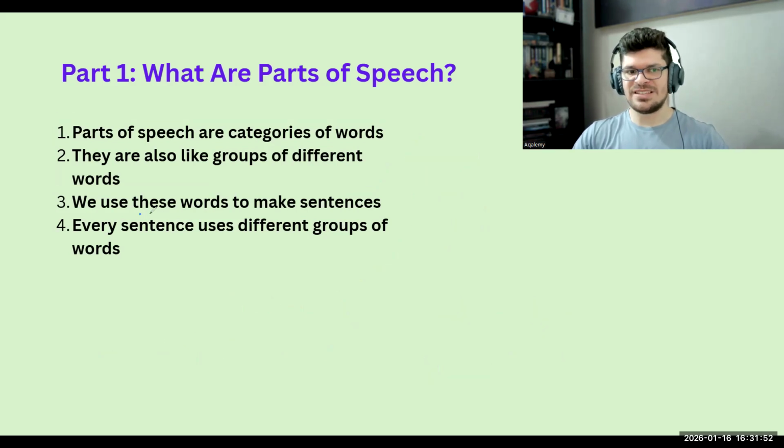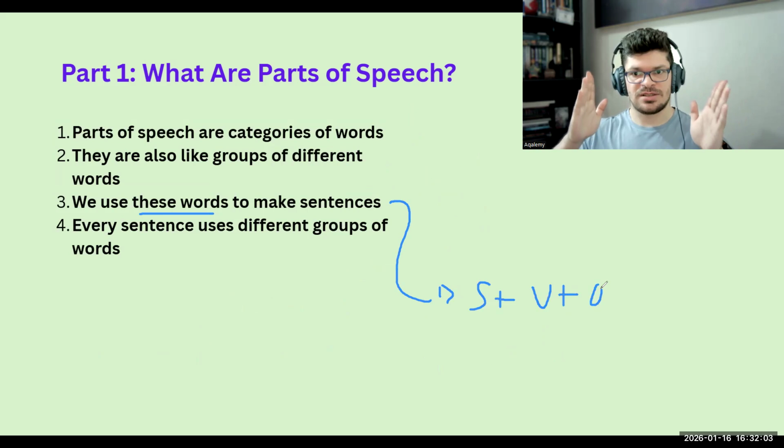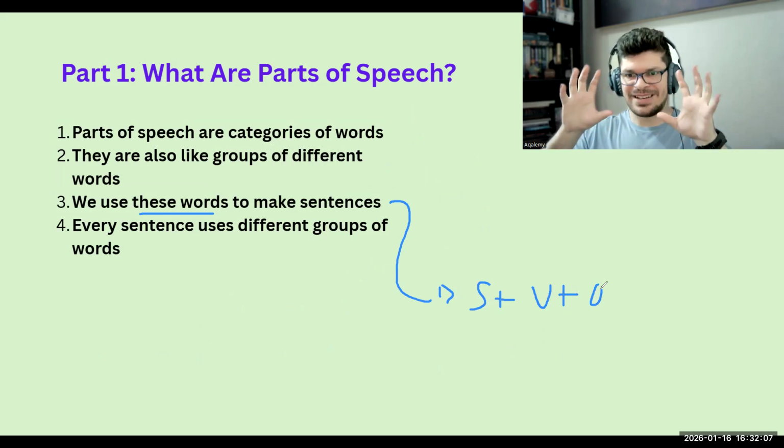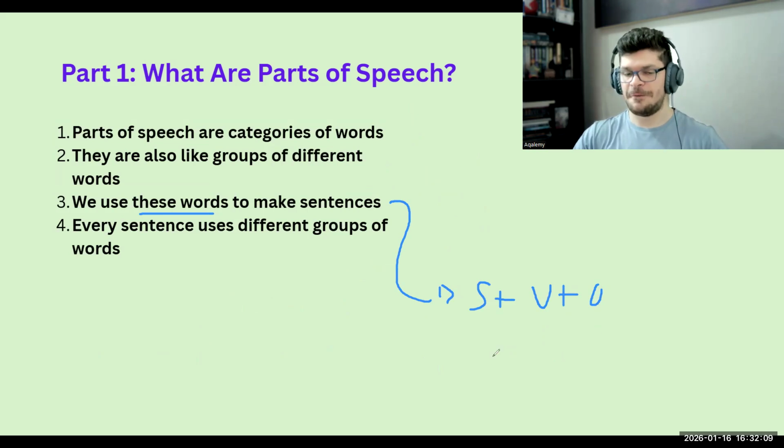We use these words, different types of words, to make sentences. Some sentences have a combination: subject, verb, object. Each word has a different function. For example, he tells us boy, pronoun. Runs tells us action. Okay. He runs a race.